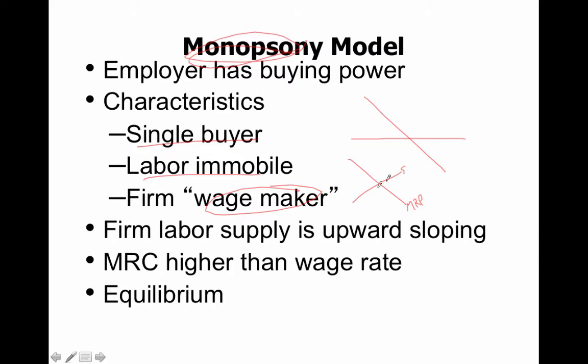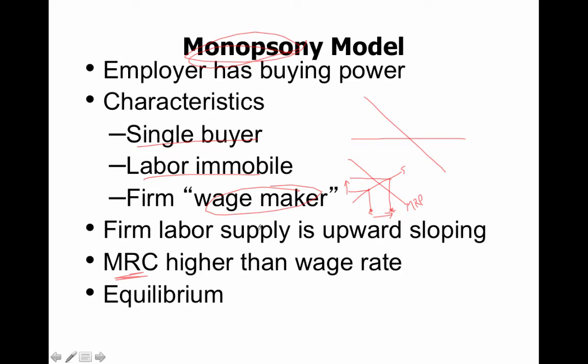Right here, if the firm wants to hire a greater quantity, then they're going to have to pay a higher wage. So if I want to hire this Q here rather than this Q here, then I'm going to have to pay the higher wage in order to do it. That means that MRC is going to be higher than the wage rate.